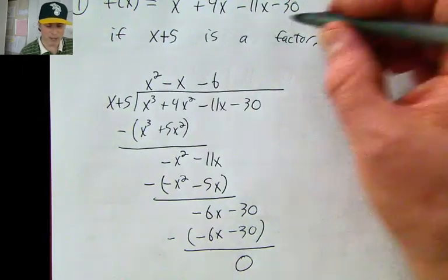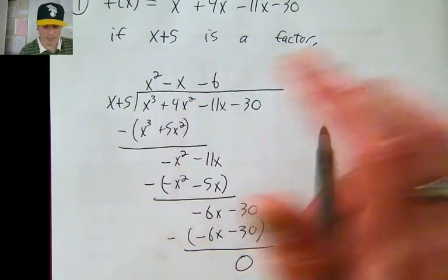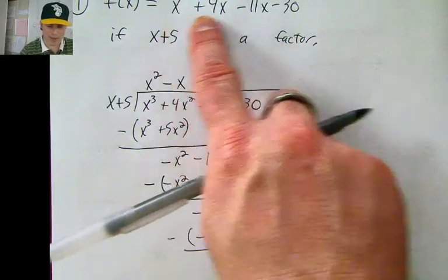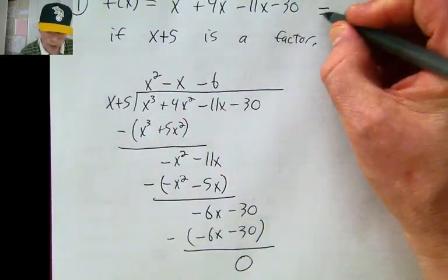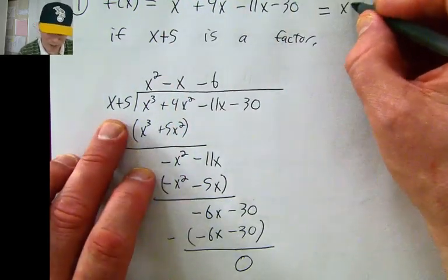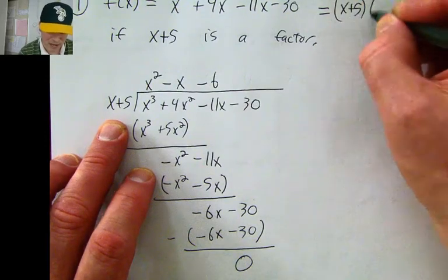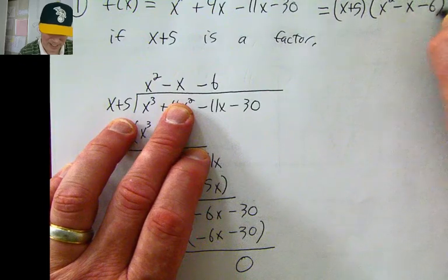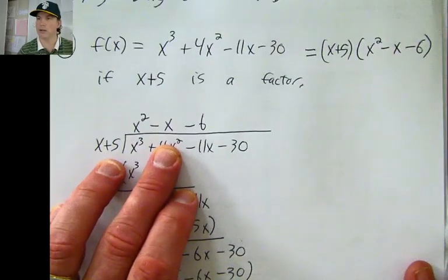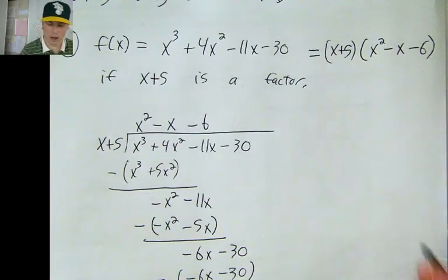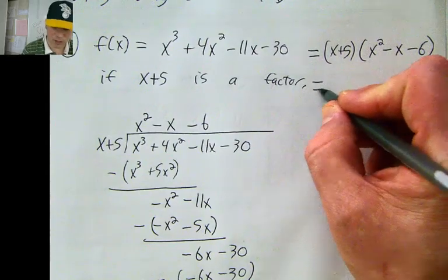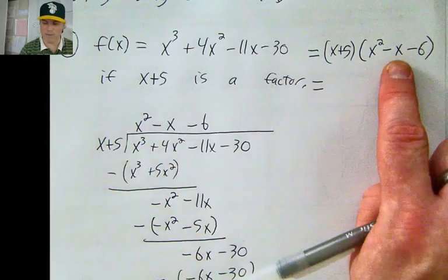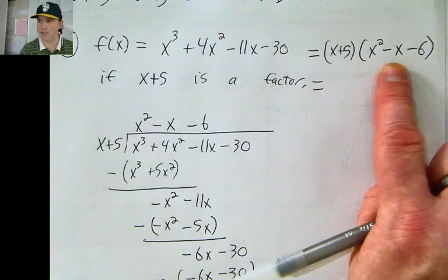So, because of the way that this divided, we know that this is equal to x plus 5 times x squared minus x minus 6. All right. Then it says to finish up factoring, we can still factor what's left behind.